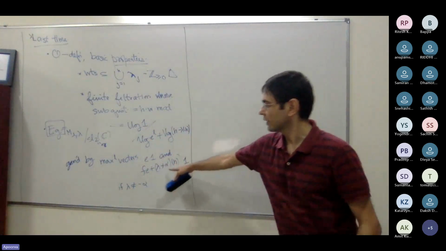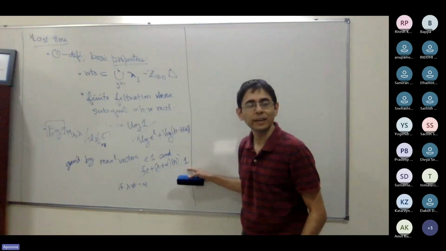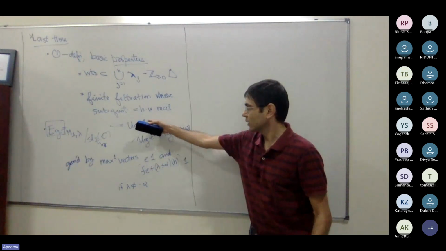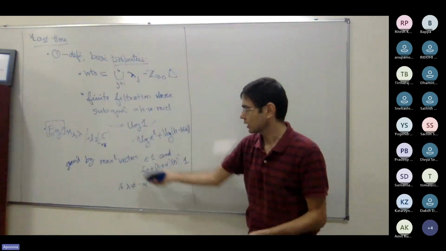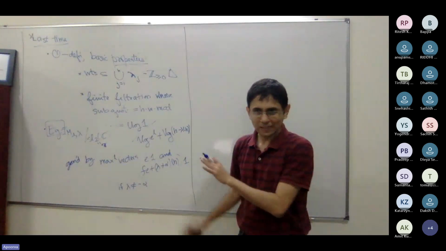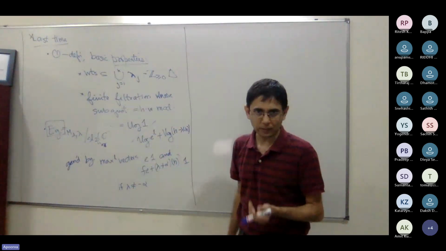Whereas if lambda equals minus alpha, then this becomes 0, so it still sits inside e times 1, and the image of 1 does not lie inside here. The image of 1 lies inside the module, but it is not going to be generated by a maximal vector.